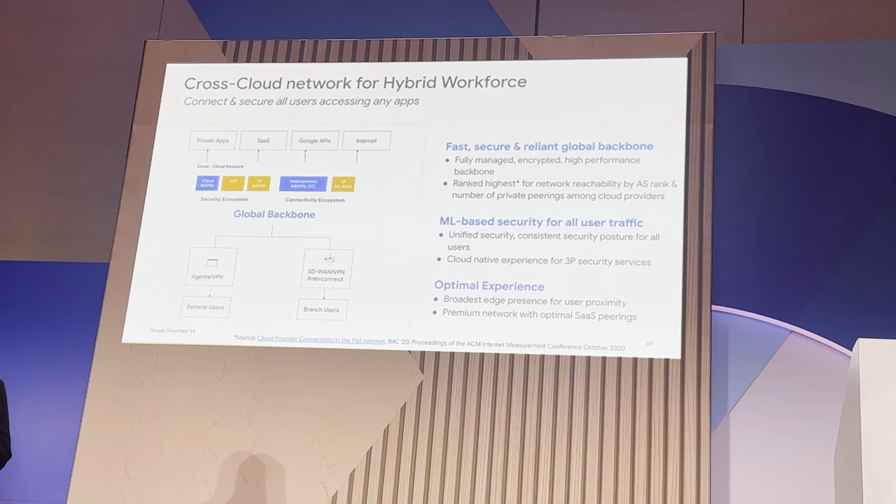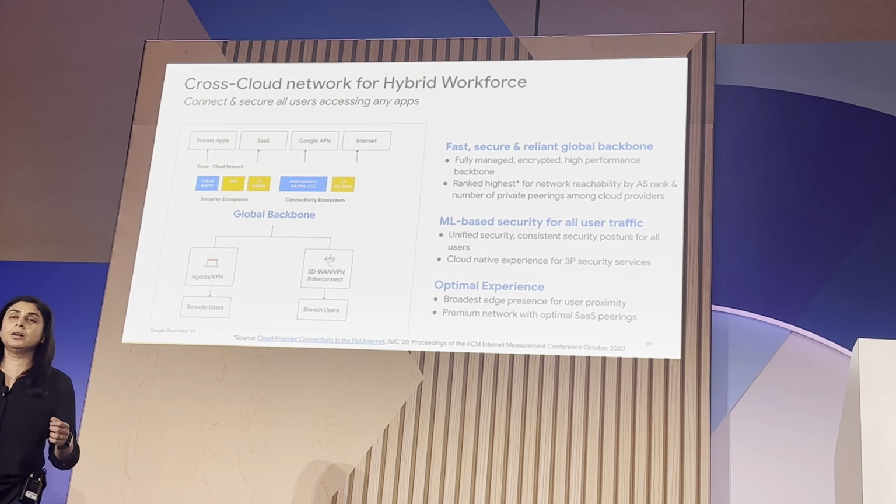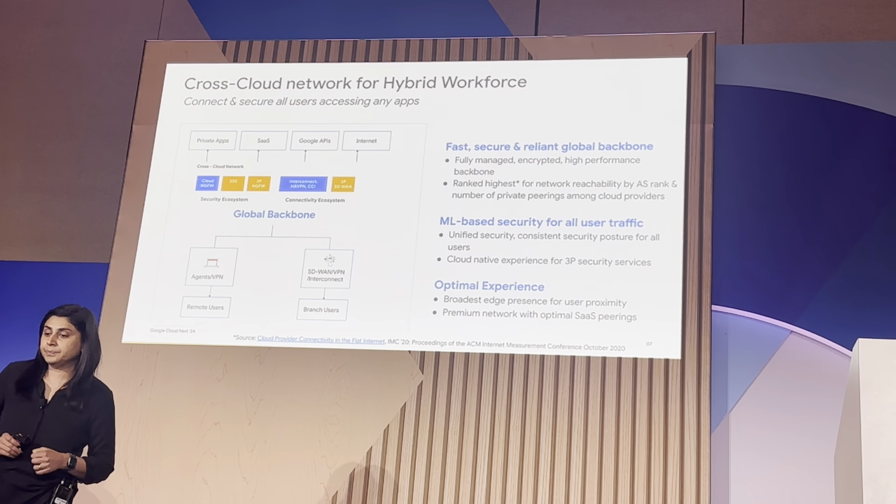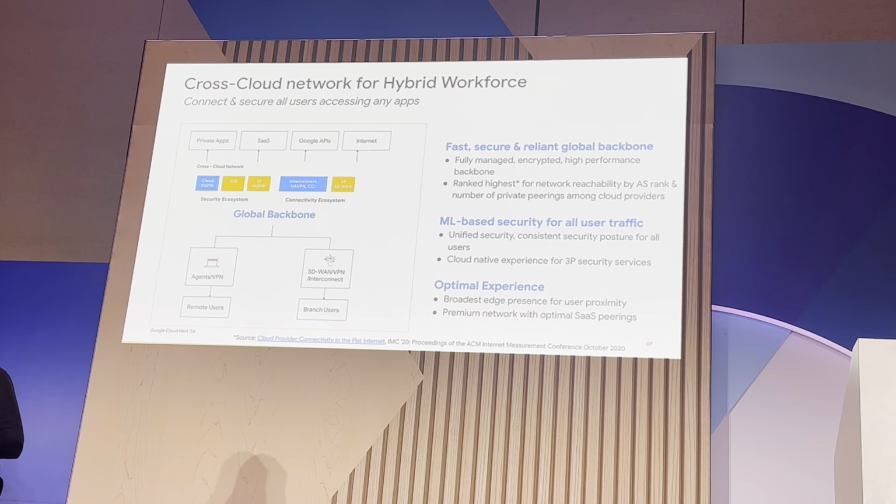And this is where we are working very closely with our partners to bring their SaaS services in as a native service into your VPC in Google Cloud. So you can consume those third-party services just like you would consume any other GCP native service in your VPC today. And we'll talk about that in a little more detail. So how does all this benefit you?